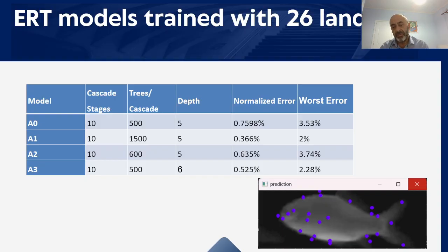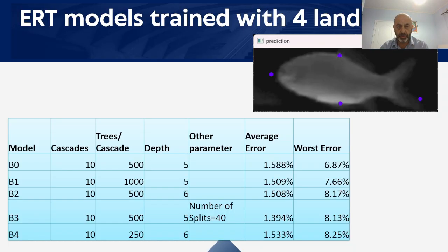At the bottom of the slide, you can see a fish with the annotated landmarks in a test photograph. Here is also the list of the models that we have trained with only 4 landmarks. We can see again differences in the average error and the worst error according to the parameters of the model selected.